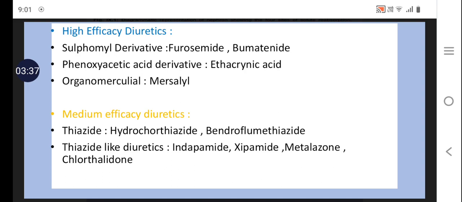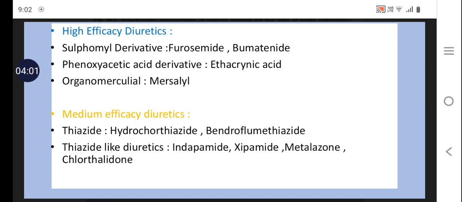And these sulfonamide derivatives are so efficient that when they are given by the IV route, they show their action in just 5 minutes. They are very efficient drugs. Drugs with medium efficiency are the thiazide diuretics, hydrochlorothiazide, bendroflumethiazide.